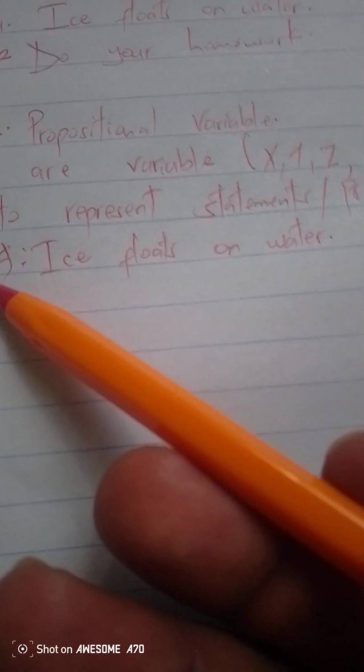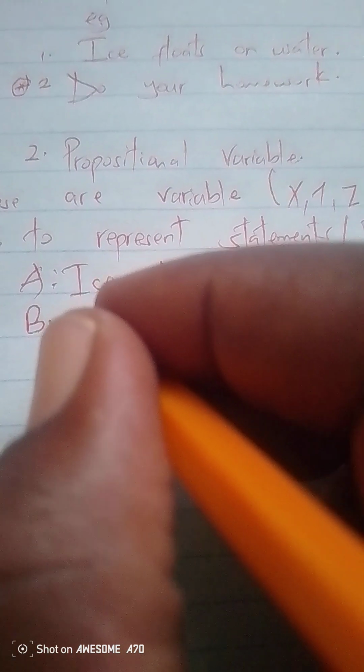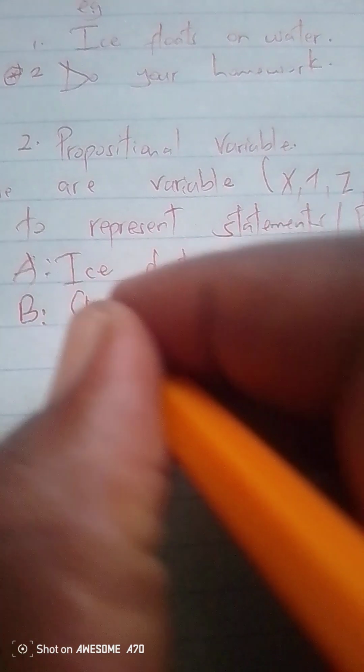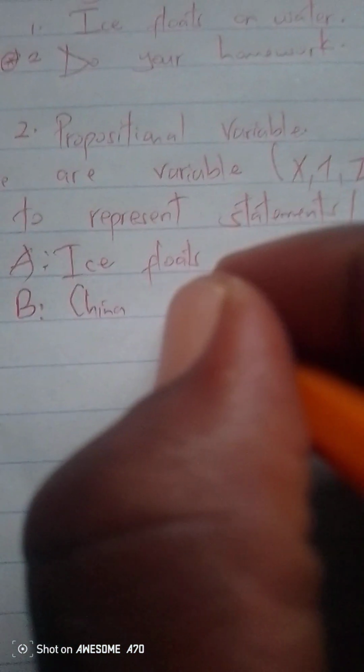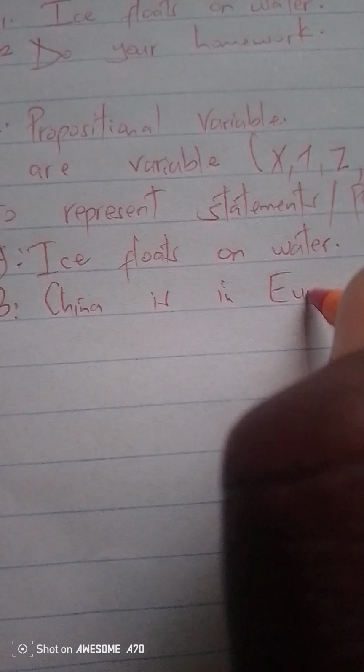So automatically when you see B, or for example we can say this, B signifies that China is in Europe.